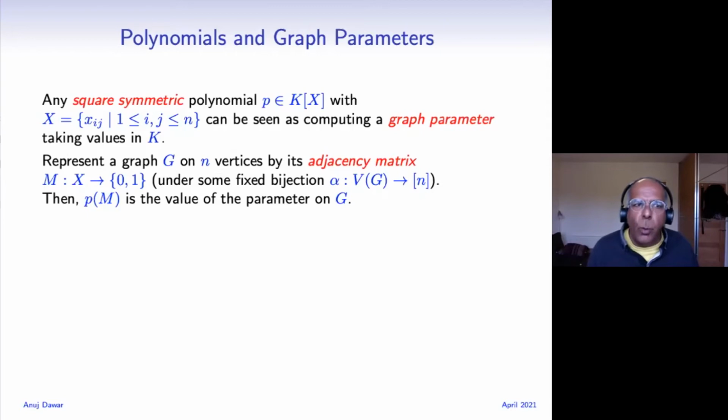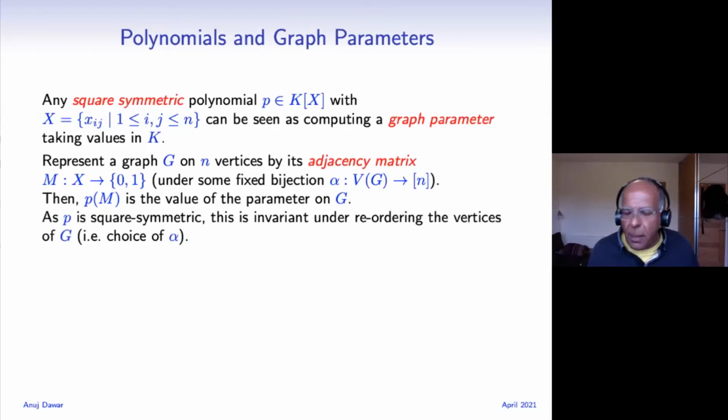And because we assume the polynomial is square symmetric, it doesn't depend on the choice of this bijection. You can choose a different bijection between the vertices and 1 through n, you'll still get the same value of the parameter, right? It's invariant under reordering the vertices of the graph.